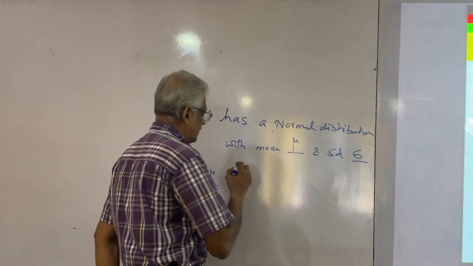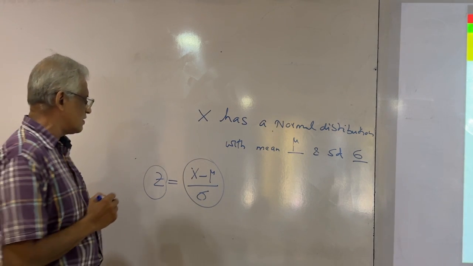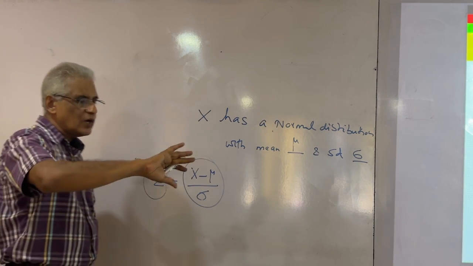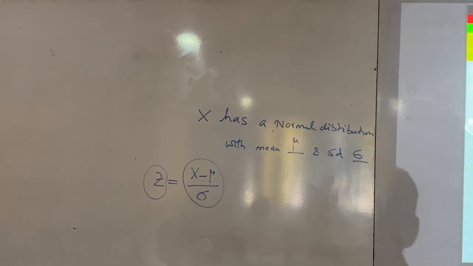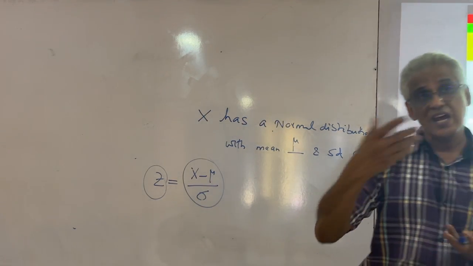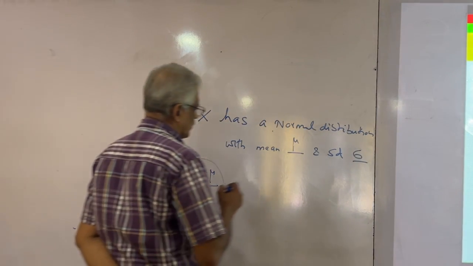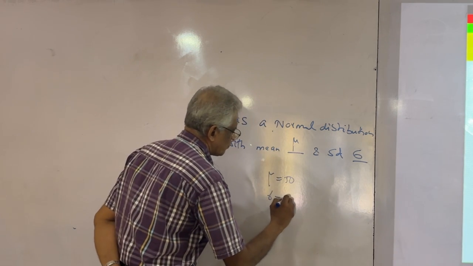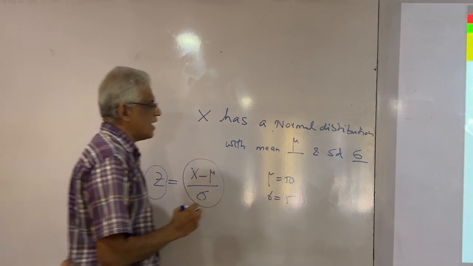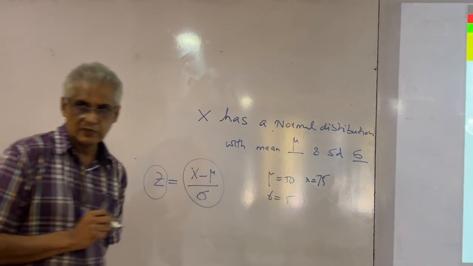So, for example, what this transformation does is calculate how far away these x observations are from the mean in standard deviation units. For example, suppose mu was 50 and sigma was 5, and suppose I had the value x equal to 75, right?